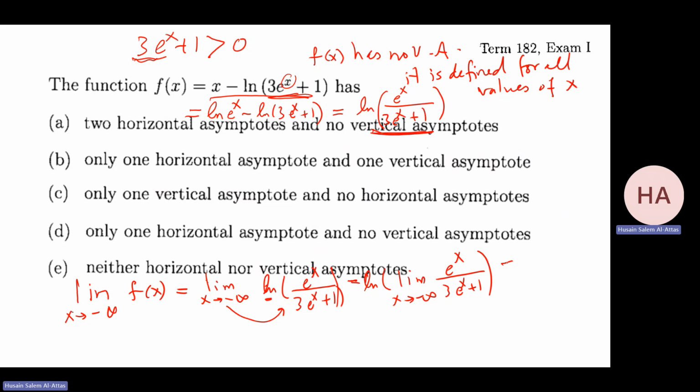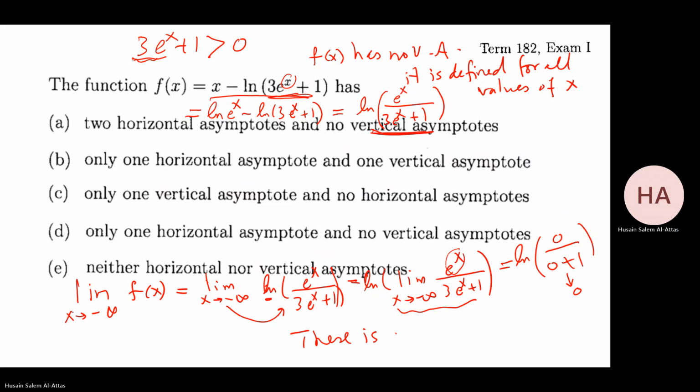Be careful here. This limit will be 0 over 0 plus 1, so it goes to 0. ln 0 makes a problem. So there is no horizontal asymptote, because this will not go to a value. It will go to minus infinity.